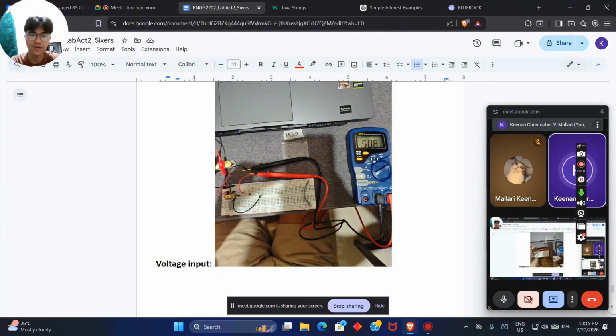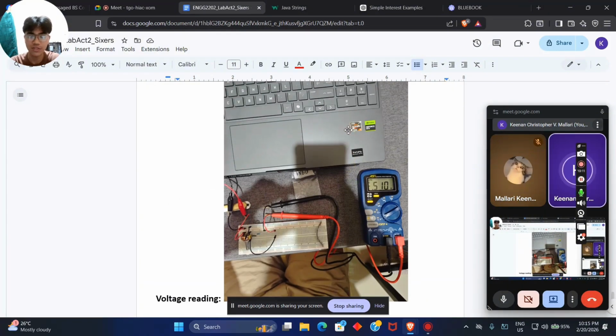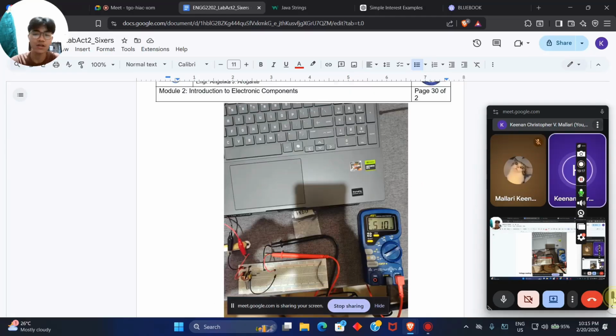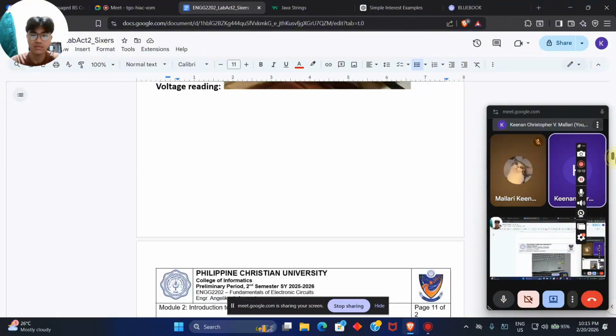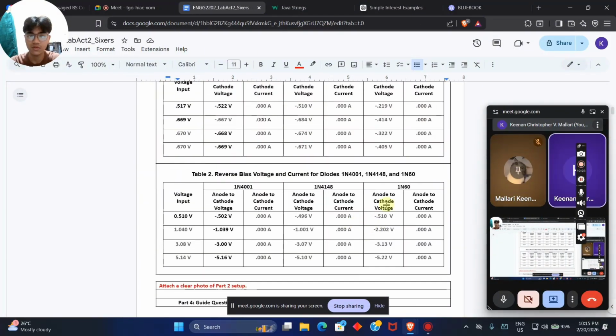Our reading showed 0.508 volts. And for the voltage reading, in this case it showed negative 0.510 volts. Let's double check it on the table. Here it is, correct.